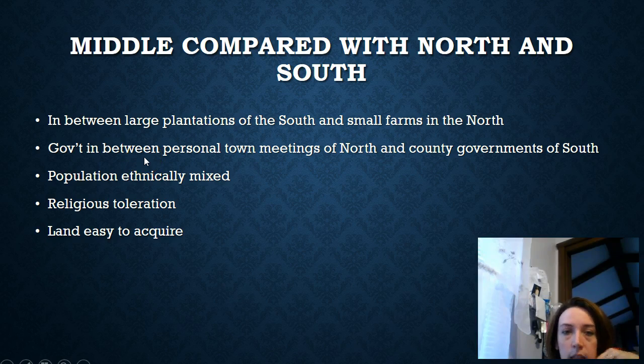The government is in the middle in that we don't have every citizen participating in a town meeting, but we have more personal governments than the larger county governments in the South. One thing we will see with the middle colonies is there's definitely more of an ethnic mix. In New England, you mainly find English people. In the plantation colonies, English people.